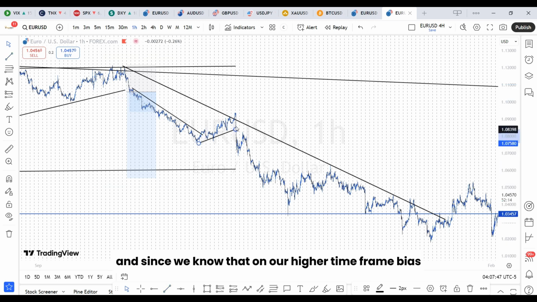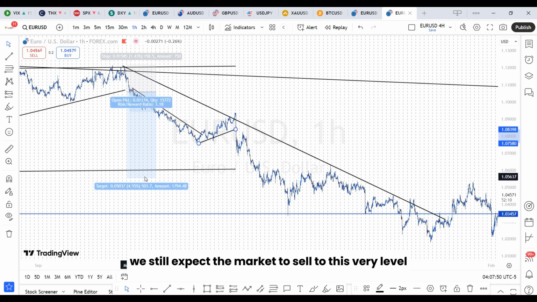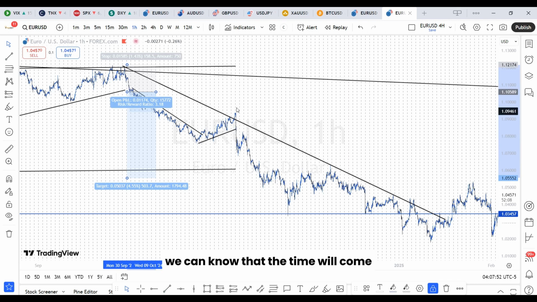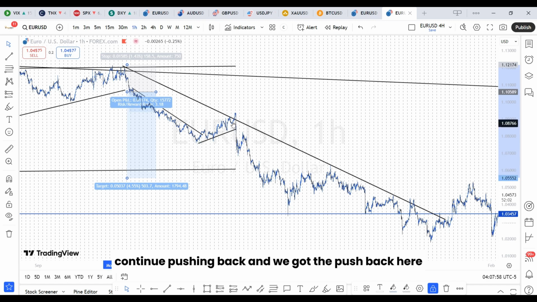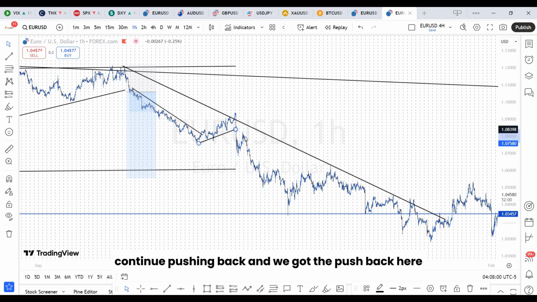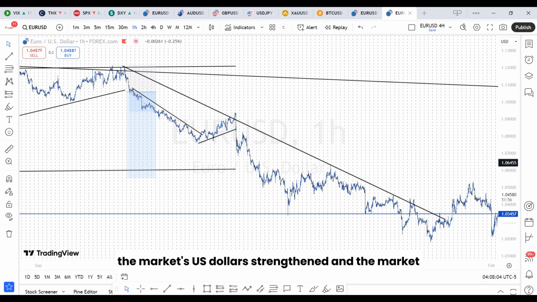And since we know that on our higher time frame bias, we still expect the market to sell to this very level, we can know that the time will come after taking some high, we would be expecting the market to continue pushing back. And we got the pushback here when Trump won election in the United States. The US dollar strengthened and the market Euro USD failed.